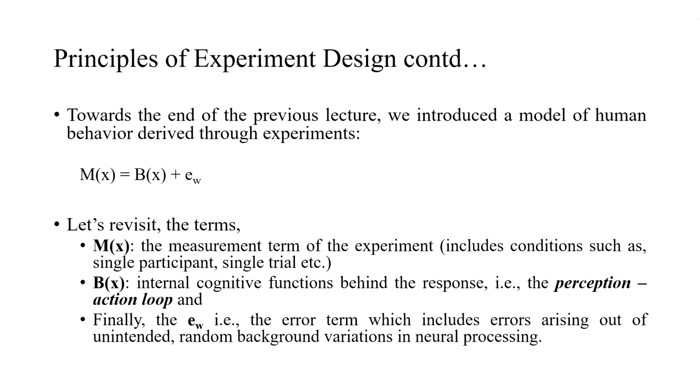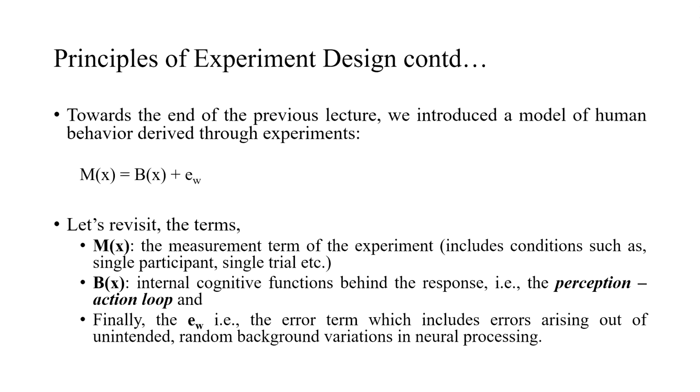The idea was that a model of human behavior, whatever cognitive function you want to study, let us say word recognition, or contrast perception or size perception or orientation perception, anything for that matter, which are typical subjects of experimental psychological studies. We basically have the model m of x is equal to b of x plus e w.